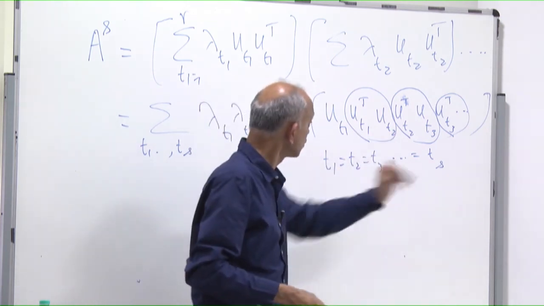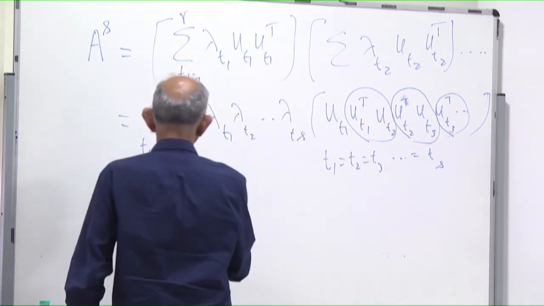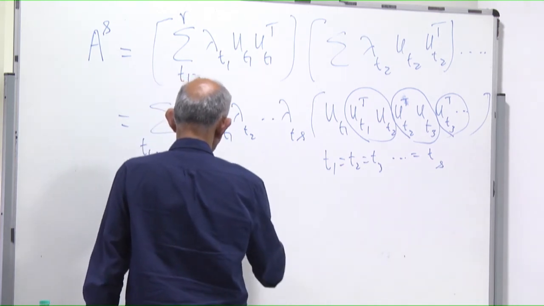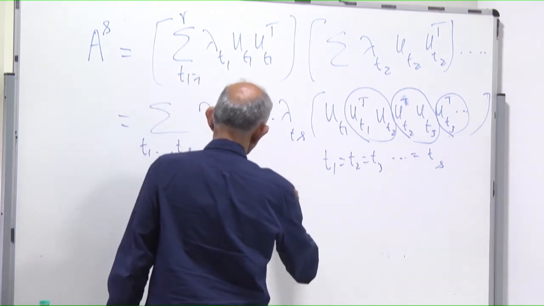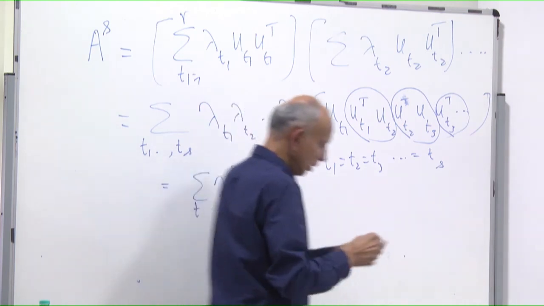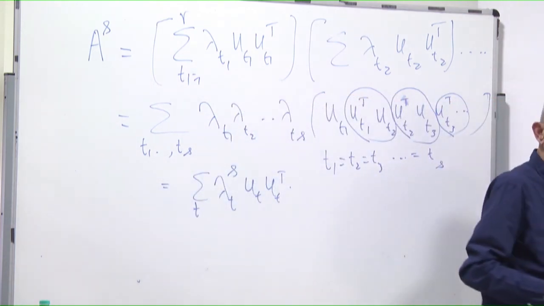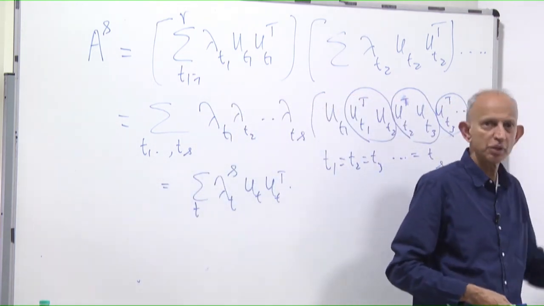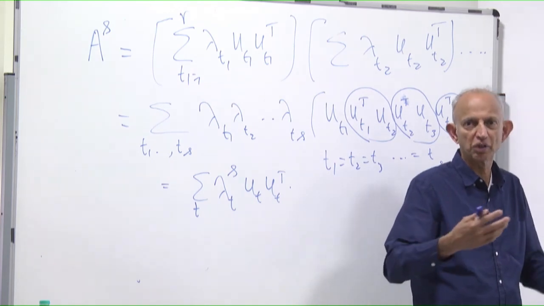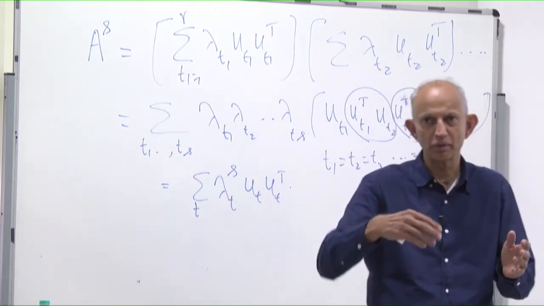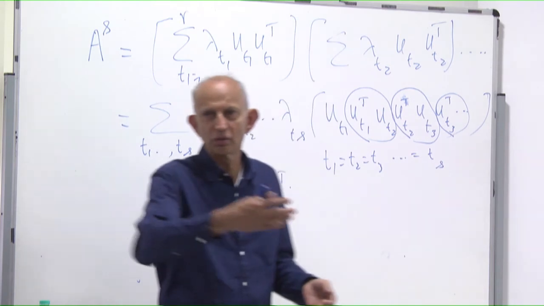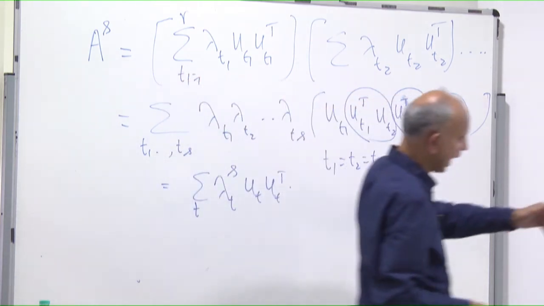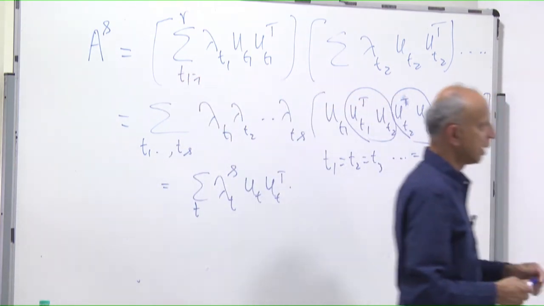So you only get terms where they are all equal, so that becomes just the sum over t of lambda t to the s, u t transpose. Of course, you knew that the eigenvalues of powers of matrices are powers, and that the eigenvectors are the same, right? If Av is equal to lambda v, A to the s v is also equal to lambda to the s v. So you knew that, but this is just saying that by expanding.